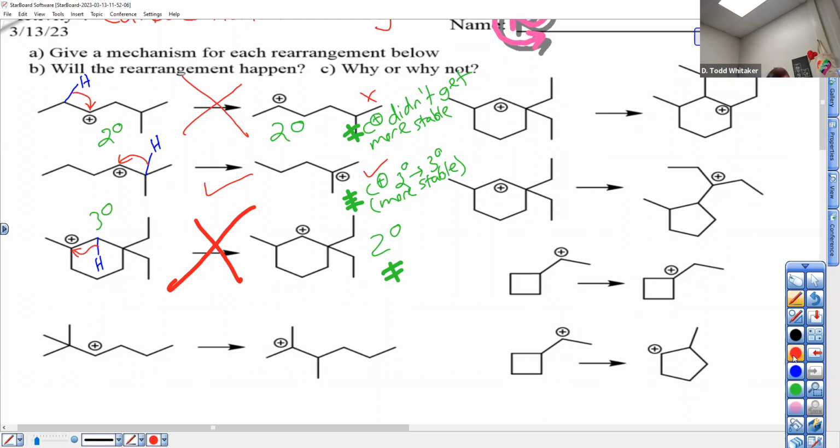But on this one, what's moving this time? Carbon. Yeah, that methyl's down here now. Well, this is definitely just a straight up triple telephone pole, right? It went from secondary to tertiary. Same comment exactly, more stable. That's a check mark.